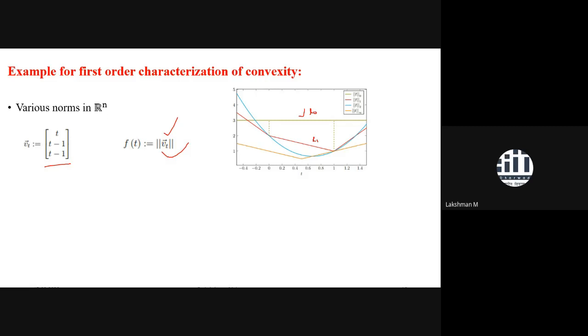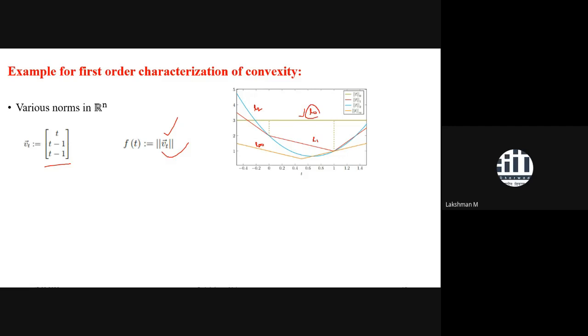The blue line is the L2 norm, which is just a square kind of function. The L2 norm is again a convex norm, and the L infinity norm is also a convex norm. The orange one is the graph plot of the L infinity norm. So except for the L0 norm, the other norms are convex.